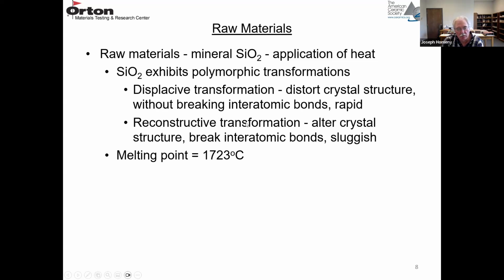In a reconstructive transformation, you're altering the crystal structure, you break atomic bonds, and it's a very slow reaction. The kinetics are slow. Silica melts at 1723 degrees C. So it's one of the lower melting refractory materials.